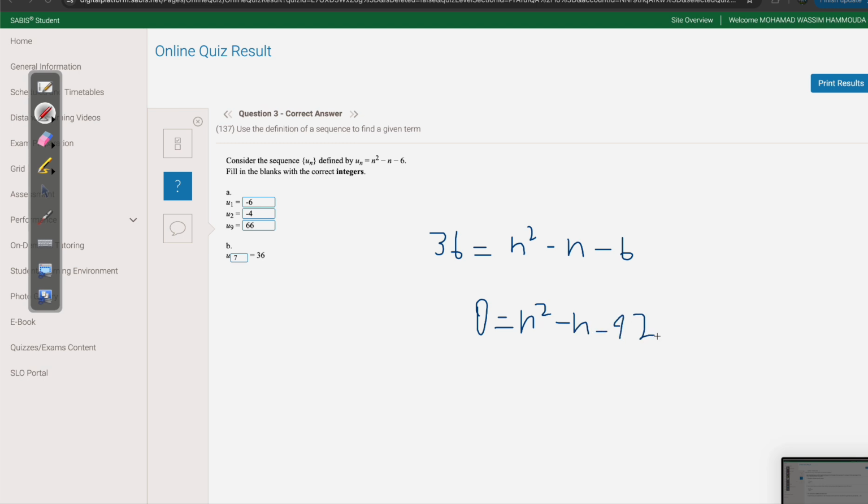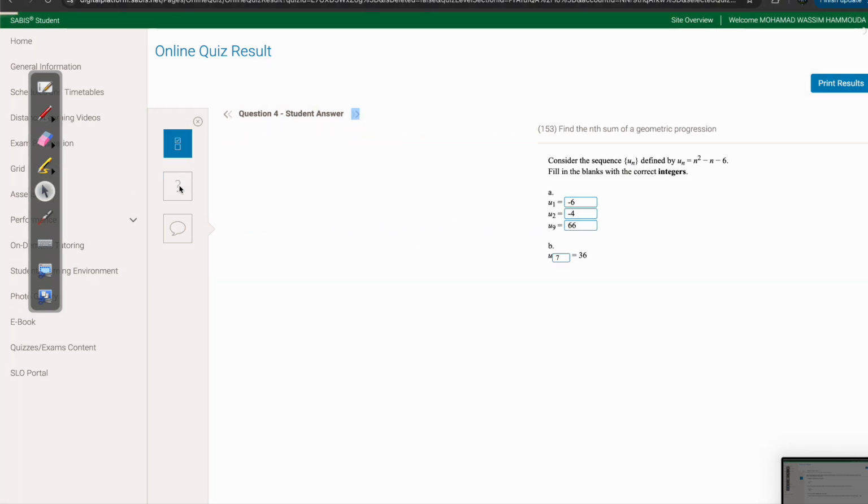Now we have a simple quadratic equation which we can plug into the calculator. So x squared minus x minus 42 is equal to 0. N cannot be 0, so you're gonna get 7 and -6. You can cross out -6 because n can never be negative. So we're gonna choose 7. Number 4.